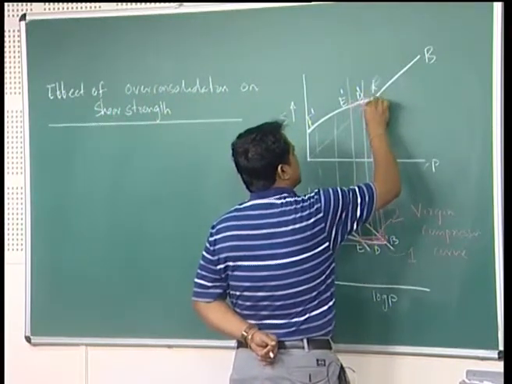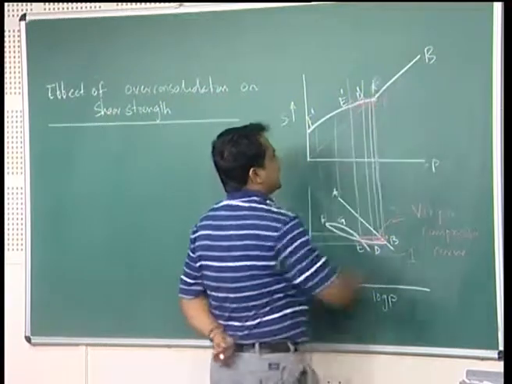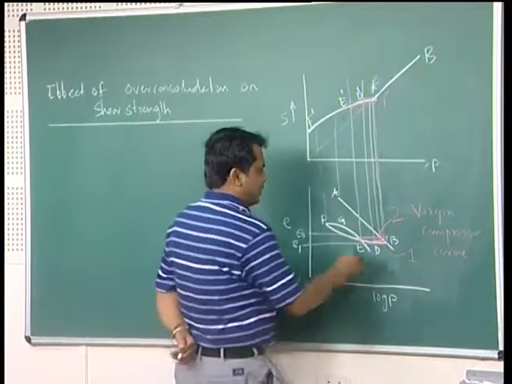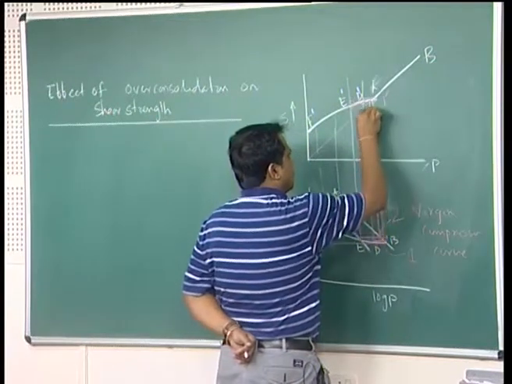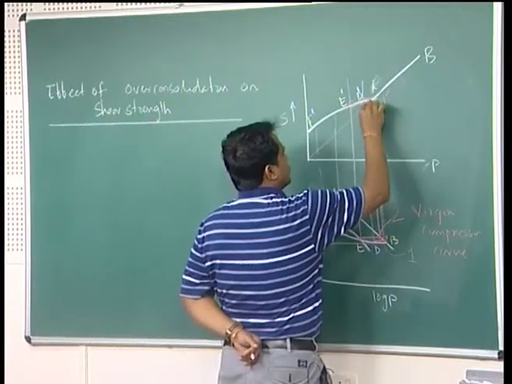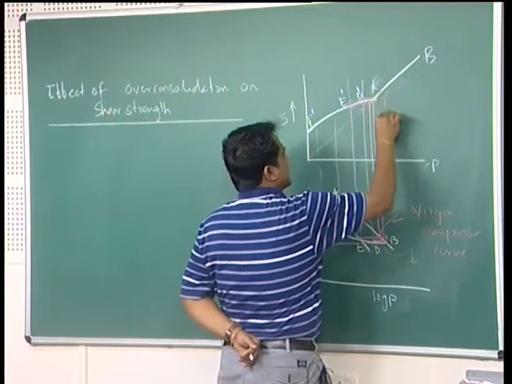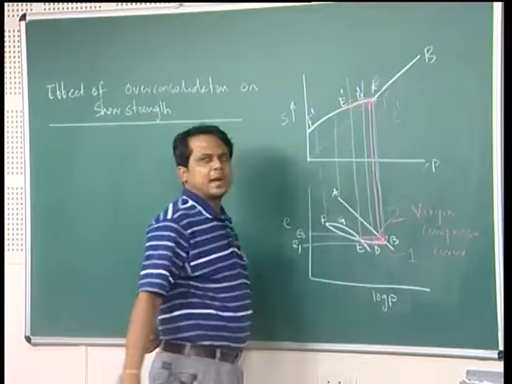So, it intercepts say 1 dash. Now, similarly, point 2, so it intercepts with this say 2 prime.